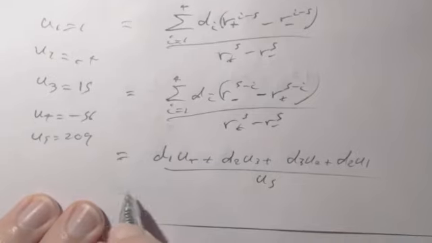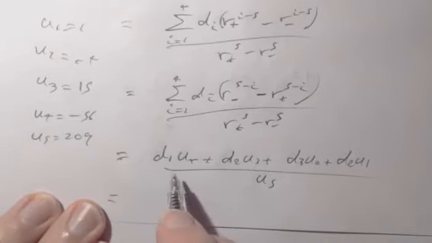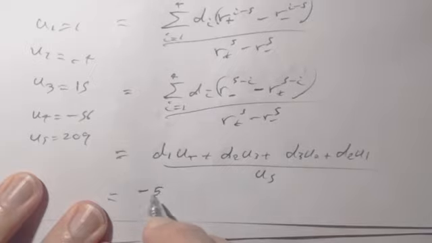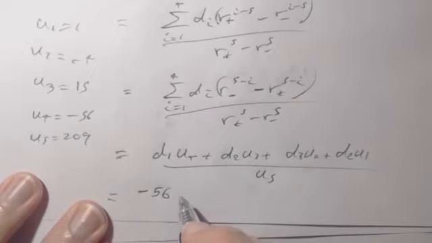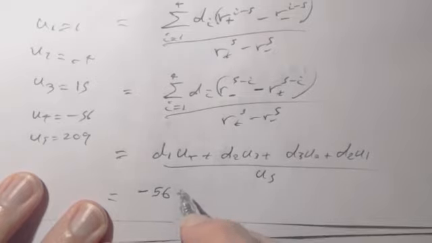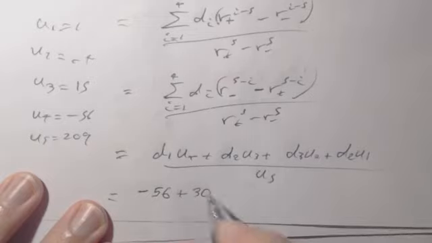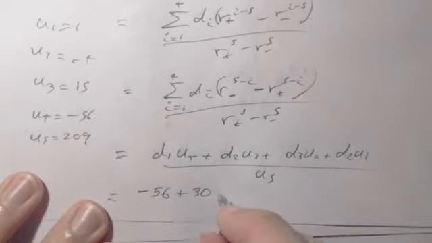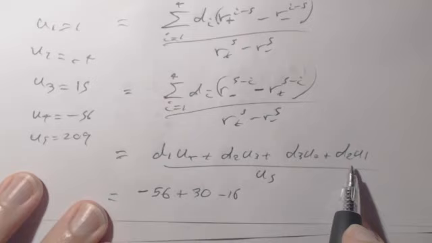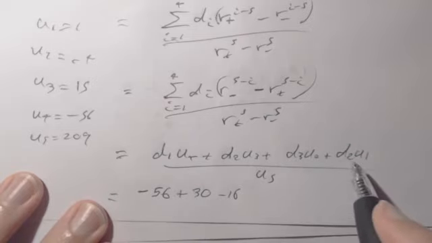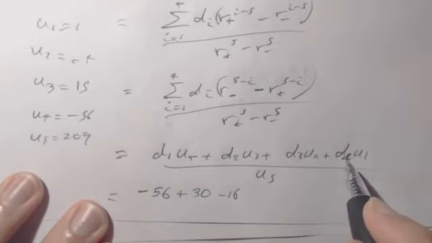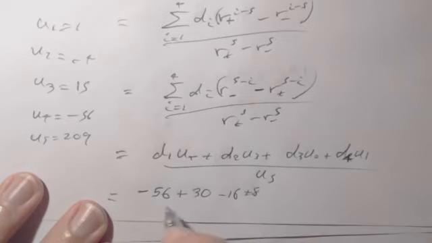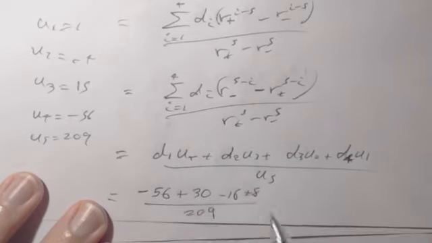So plugging these in, what we're going to get is minus 56 plus d2, so d2 was 2 plus 2 times 15 is 30, d3 was 4, so plus 4 times minus 4, so minus 16, and d4 was 8, so we're going to have 8 times 1, plus 8, and this can be over 209.